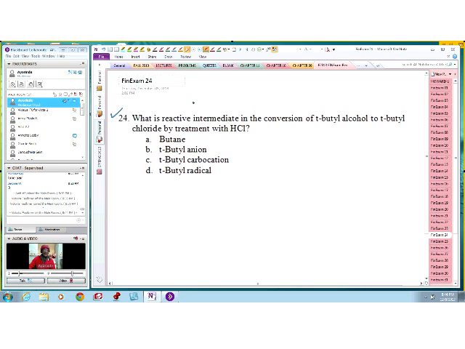Okay, so what is the reactive intermediate in the conversion of t-butyl alcohol to t-butyl chloride by treatment with hydrogen chloride? This question is also related to the first one we did. Testing your knowledge of nomenclature is also testing your knowledge of reaction mechanism.